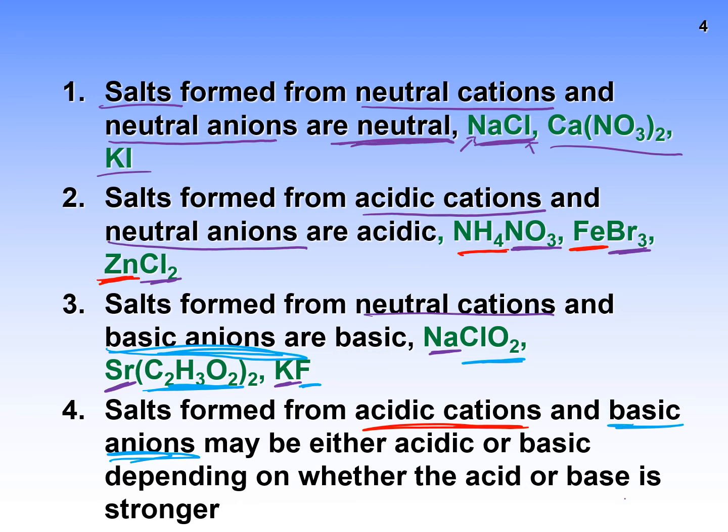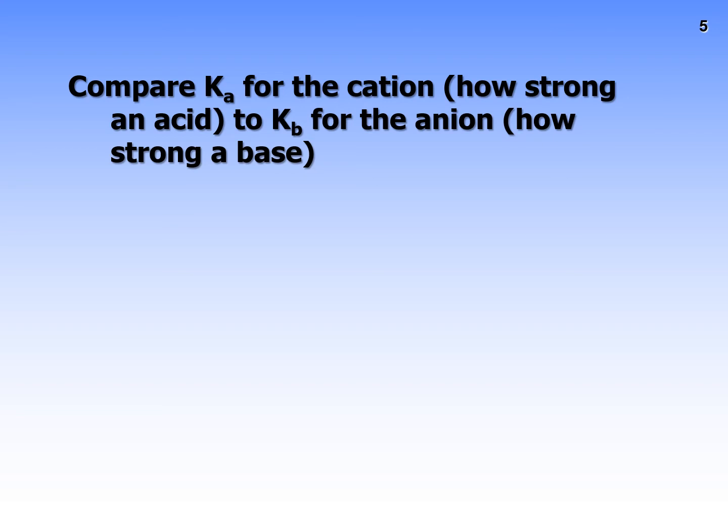So let's look at an example of that. How do we figure out which one's stronger? Well, the way to do it is by looking at our Ka and our Kb and comparing them. The Ka for the cation, the Kb for the anion. So let's look at this salt, AlClO3. In this salt, we have an acidic cation.